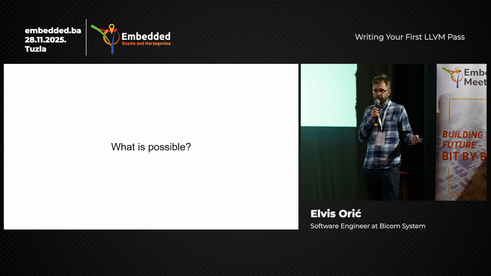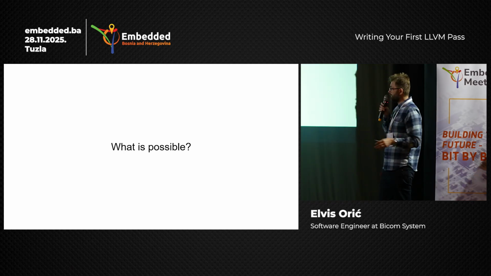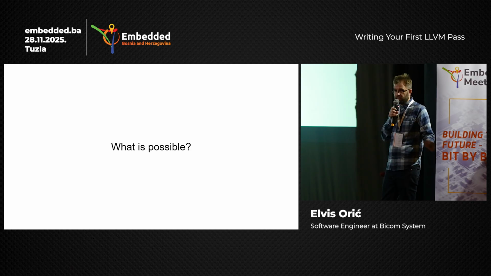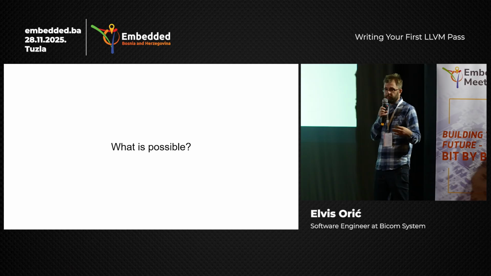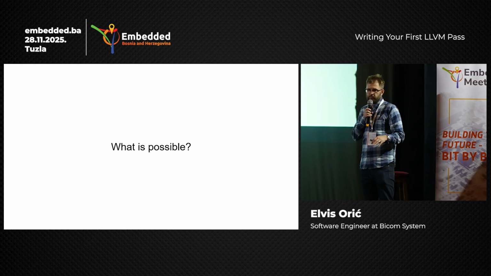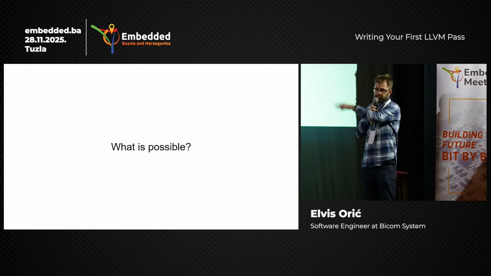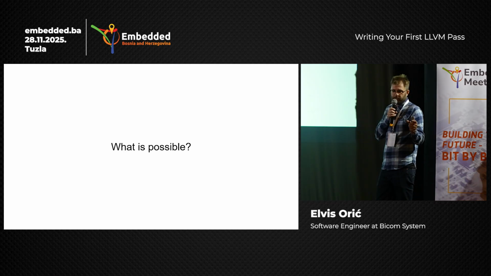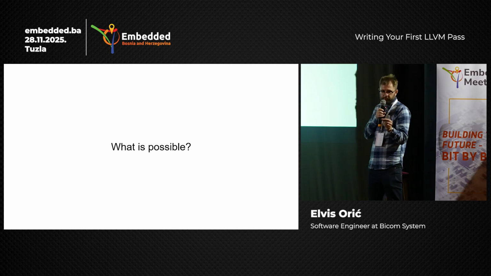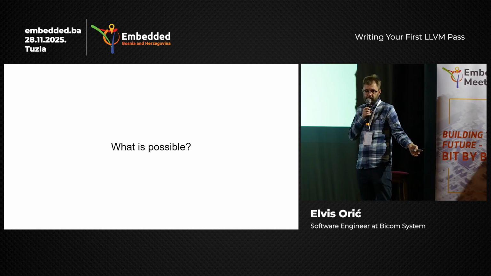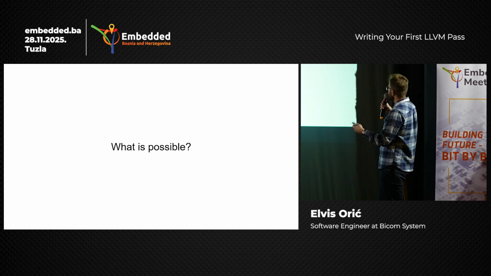But what is actually possible with this infrastructure, like, for example, the pass manager? We can do a lot of different stuff. We can do profiling. We can write our own profiling functions, say, send data to Grafana, have a declaration of the function that does that, and we can actually inject it.